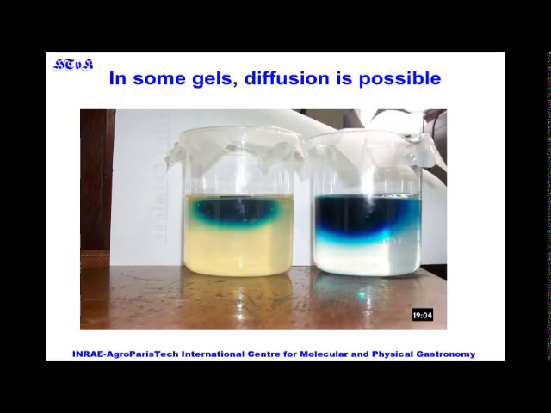For some gels, diffusion is possible. For example, in this picture, you see two gelatin gels, made on the left with 20% gelatin, on the right with 5% gelatin. When the gel was made, some methylene blue was added on top, and you see the slow diffusion from top to bottom, and the velocity depends on the concentration.